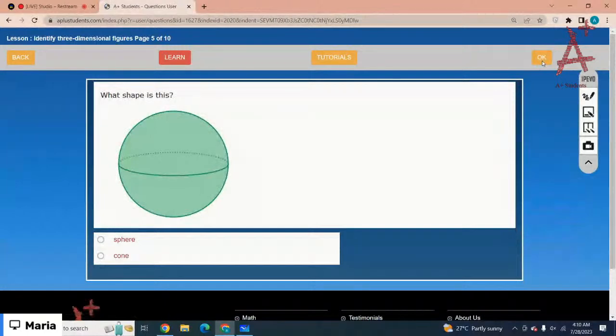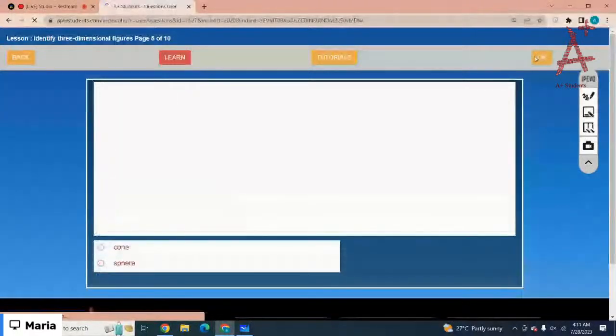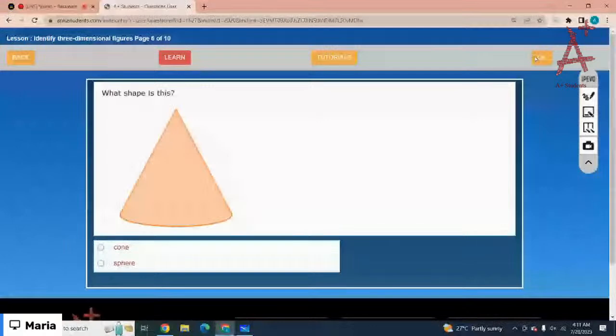What shape is this? Sphere or cone? The correct option is sphere. What shape is this?